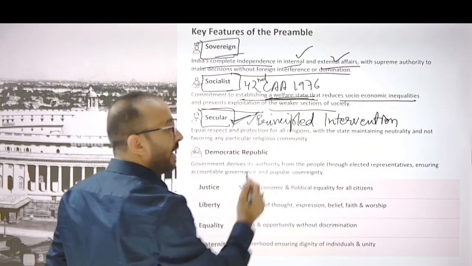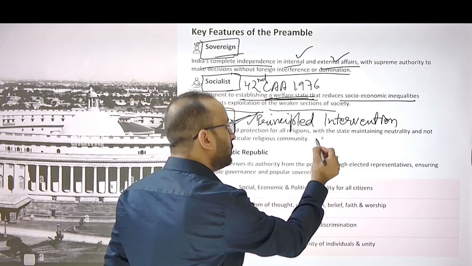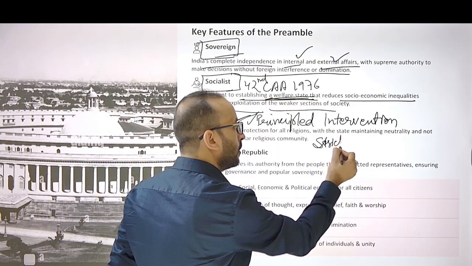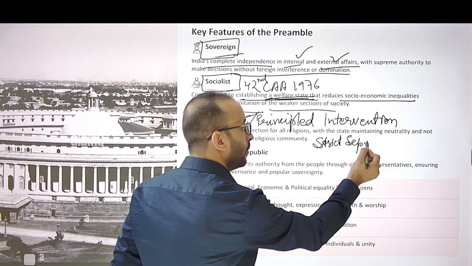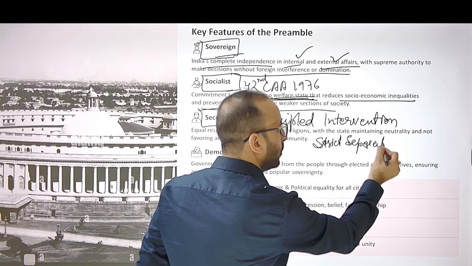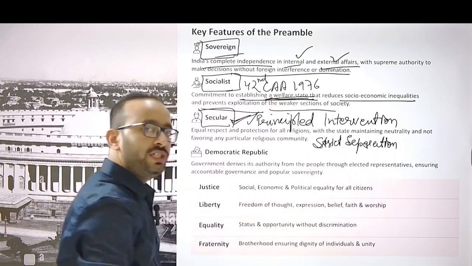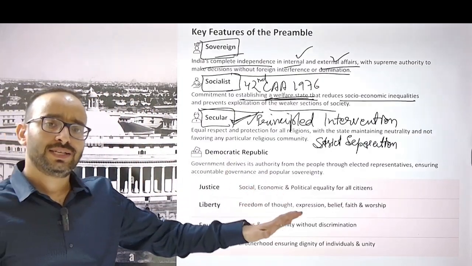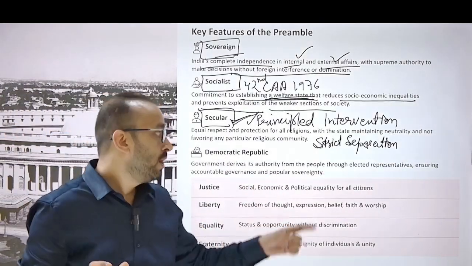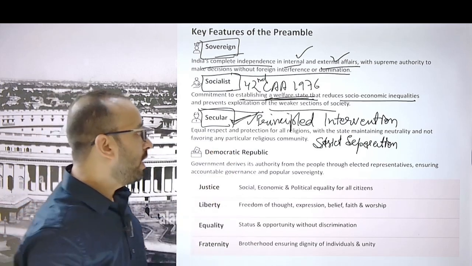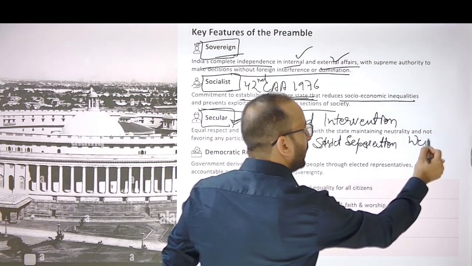This is practiced in India, whereas in Western countries, it is strict separation of church and state. That is, between church and state, there will be no interaction. So this is strict separation, the Western model, and this is the Indian model.